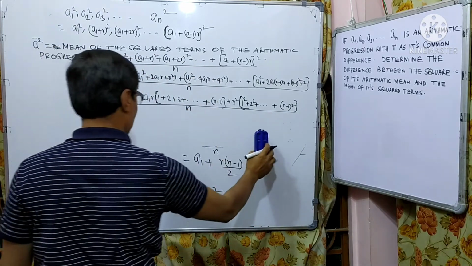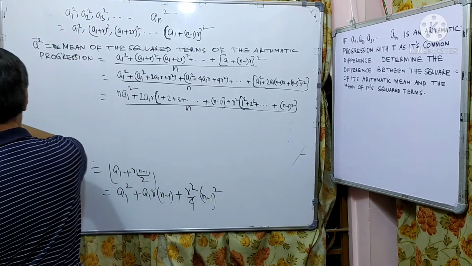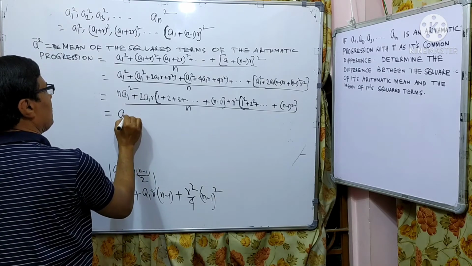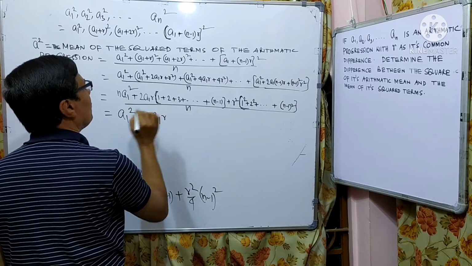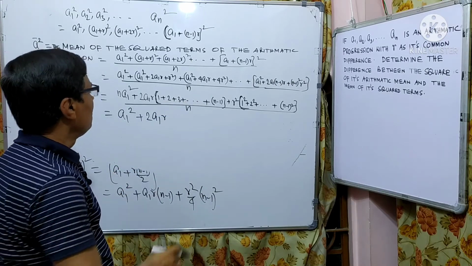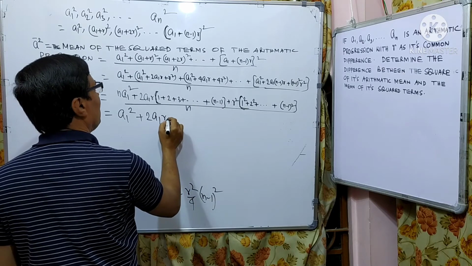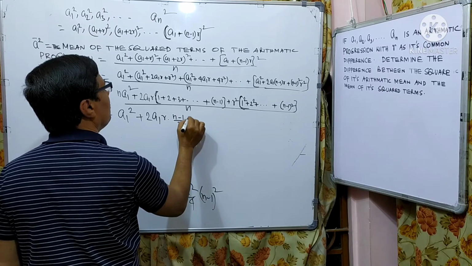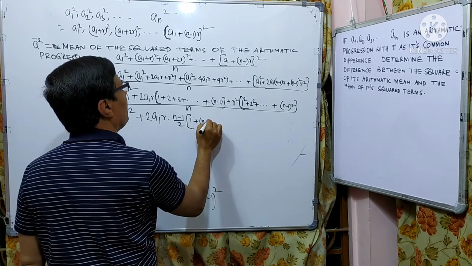This is equal to a1 square plus 2a1r into the sum of this arithmetic progression. We already know the formula: the number of terms is n minus 1, so n minus 1 over 2 into 1 plus n minus 1.